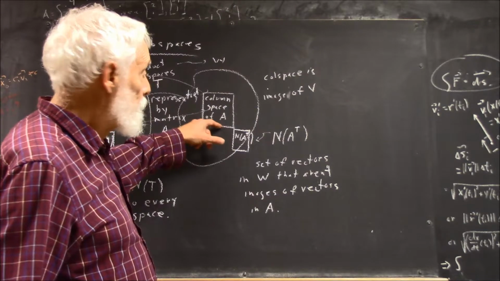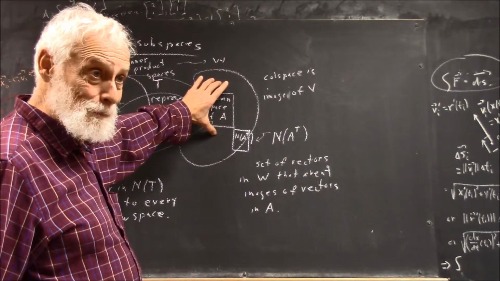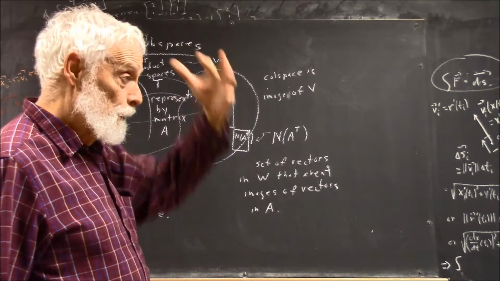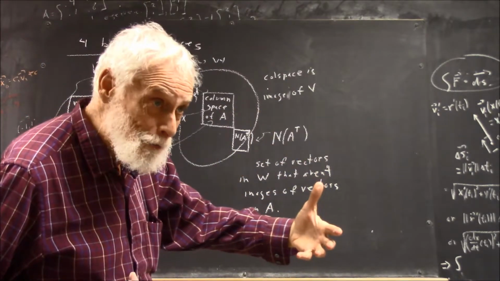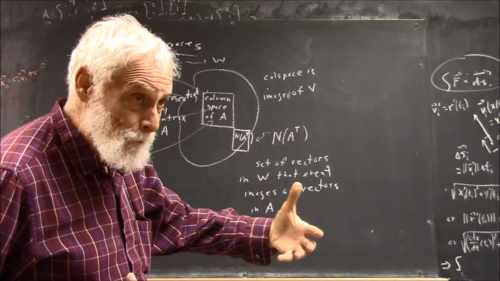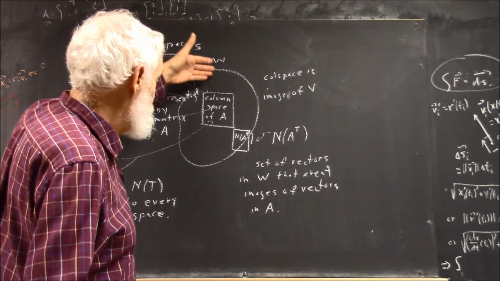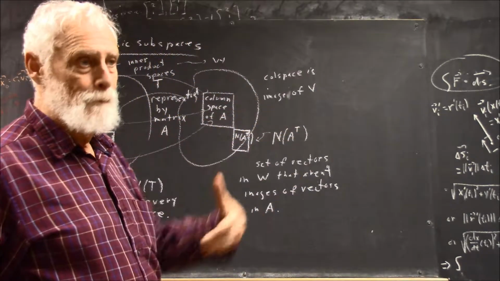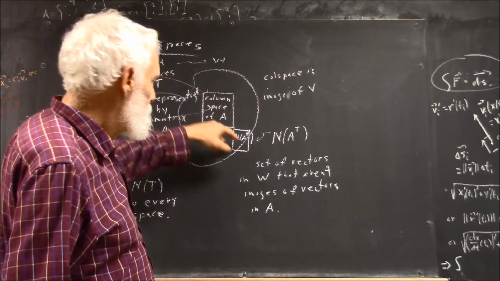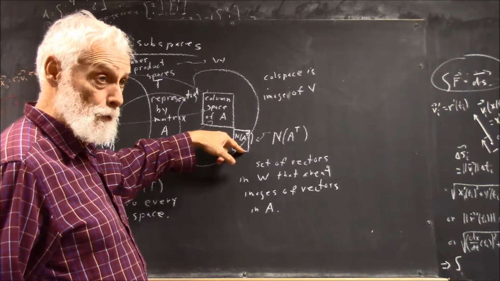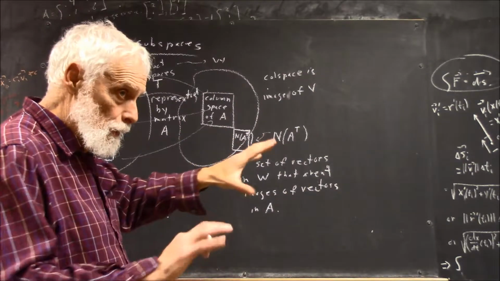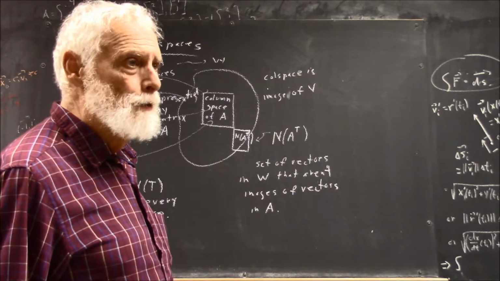These two things partition this space: the column space is one side of the partition, and the null space of A transpose is the other side. You can also represent this as what's called a direct sum of the column space and the null space of A transpose. But we'll talk about direct sums separately.